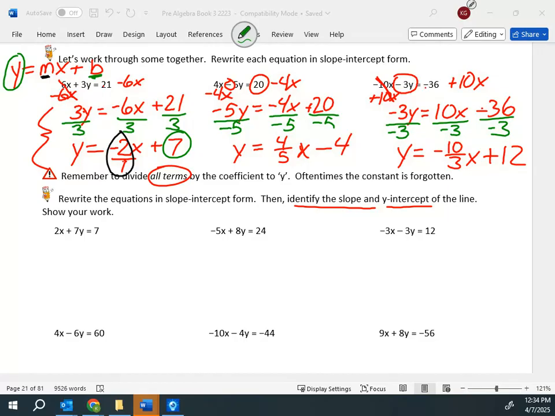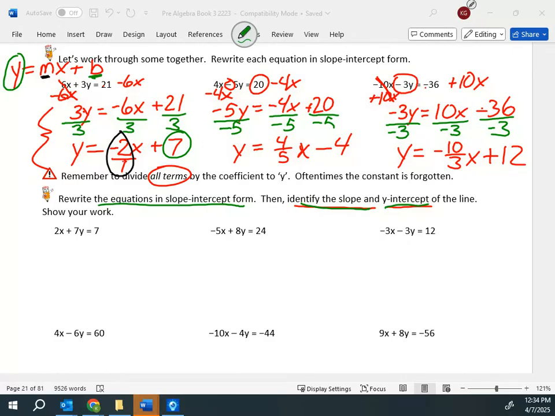The y-intercept would be 0, 7. That's the y-intercept. So where does it cross the y-axis? At 0, 7. So you have to make sure that you rewrite it into slope-intercept form, and then you identify, you label which one's the slope and which one's the y-intercept.